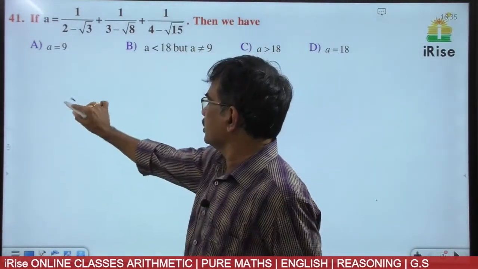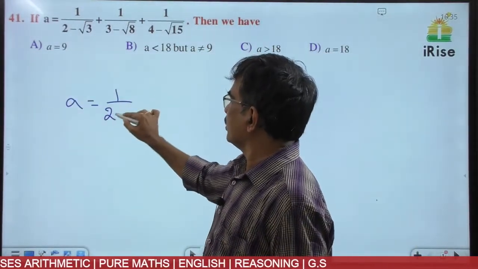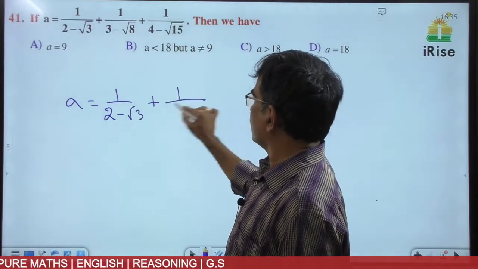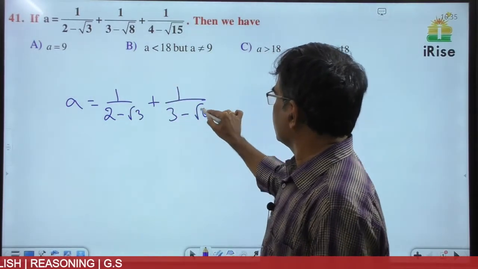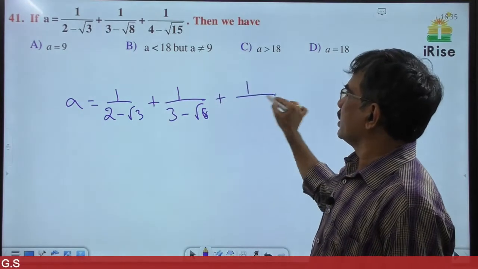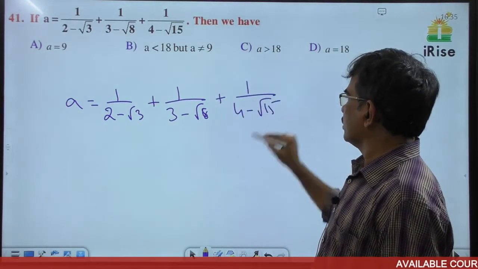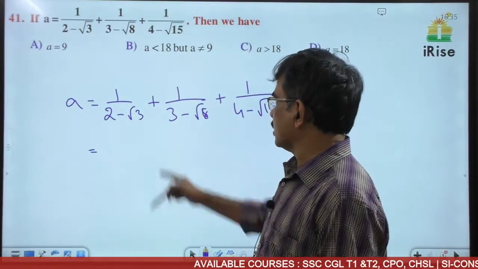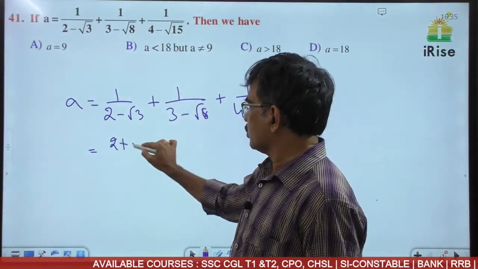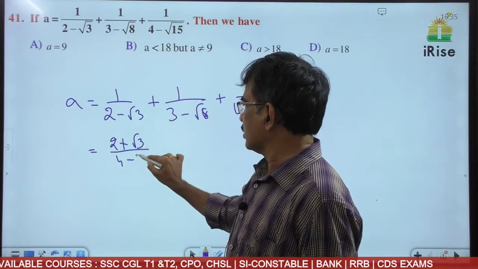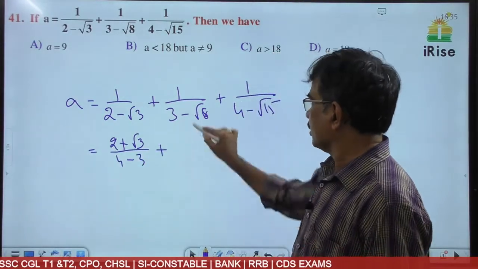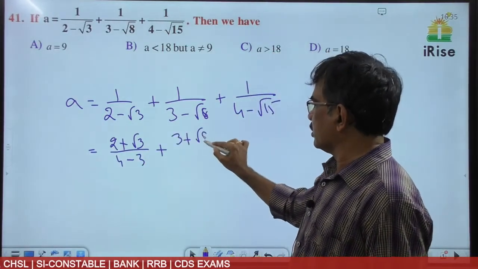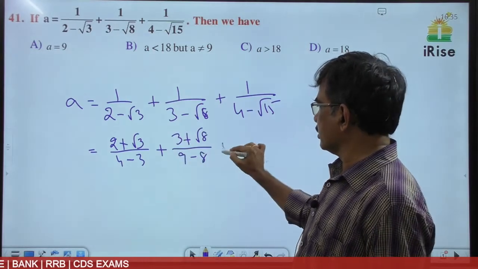Here A is equal to 1 by 2 minus root 3 plus 1 by 3 minus root 8 plus 1 by 4 minus root 15. Rationalize each term. This can be written as 2 plus root 3 by 4 minus 3 after rationalization. This is 3 plus root 8 by 9 minus 8.